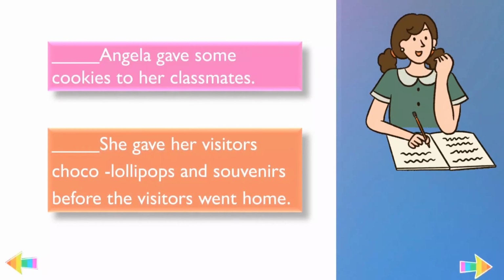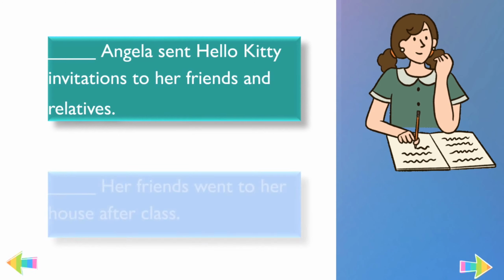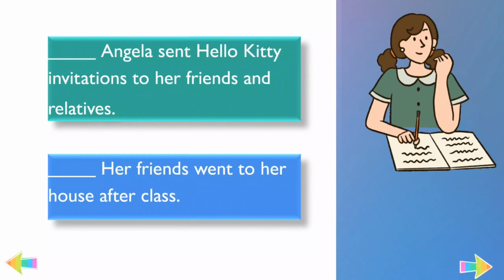She gave her visitors chocolate lollipops and souvenirs before the visitors went home. Angela sent Hello Kitty invitations to her friends and relatives. Her friends went to her house after class.